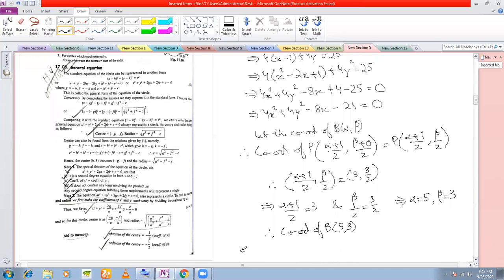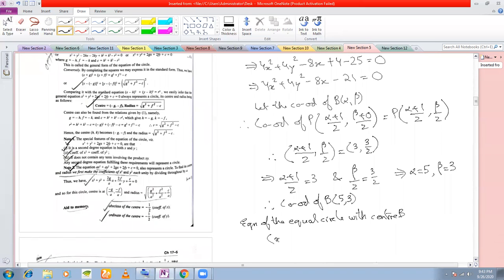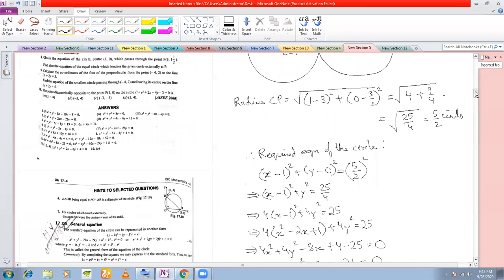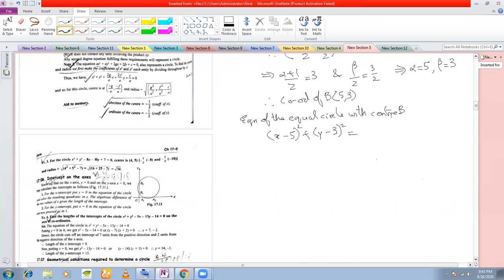So what should be the equation of the circle? The equation of the equal circle with center B is x minus 5 whole square plus y minus 3 whole square equals the radius squared. The radius of this circle is 5 by 2, so 5 by 2 whole square.